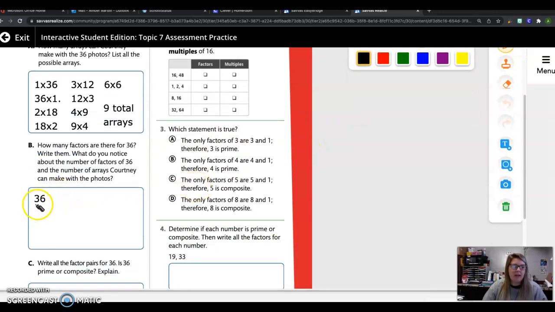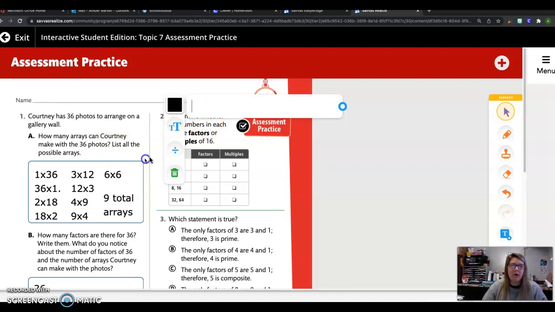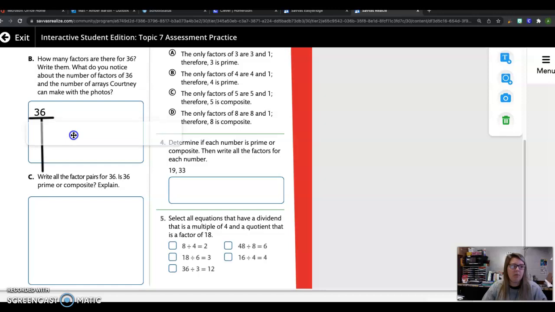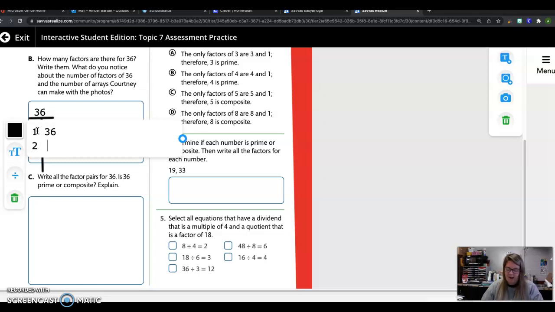And I know that we like to make a T-chart just because it's easier to read. All right, so let me move my text box. And let's get started. What's the first factor pair for 36? We always start with 1 and itself. What's the next factor pair? 2 and 18. Yep.